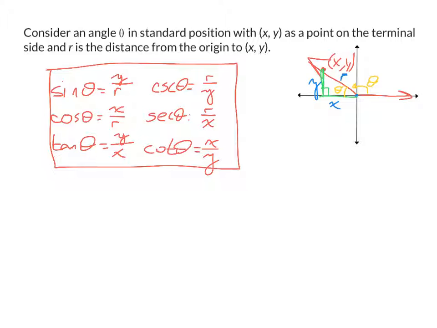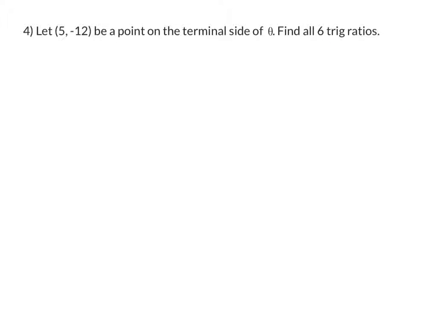Let's practice this. So let 5, -12 be a point on the terminal side of theta. Find all 6 trig ratios. So I'll draw a sketch again. 5, -12 lands me down here. So here's my initial side. There is, I'm going to try to go through the point that I drew. There we go.